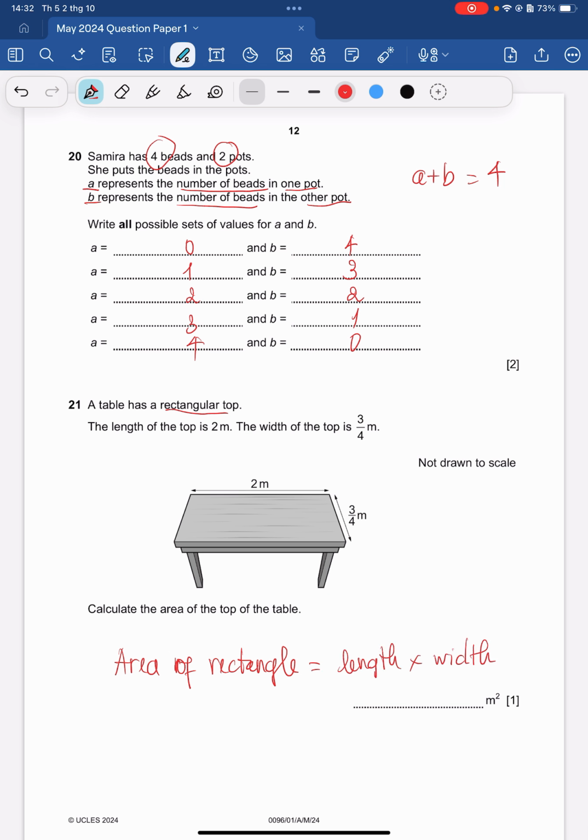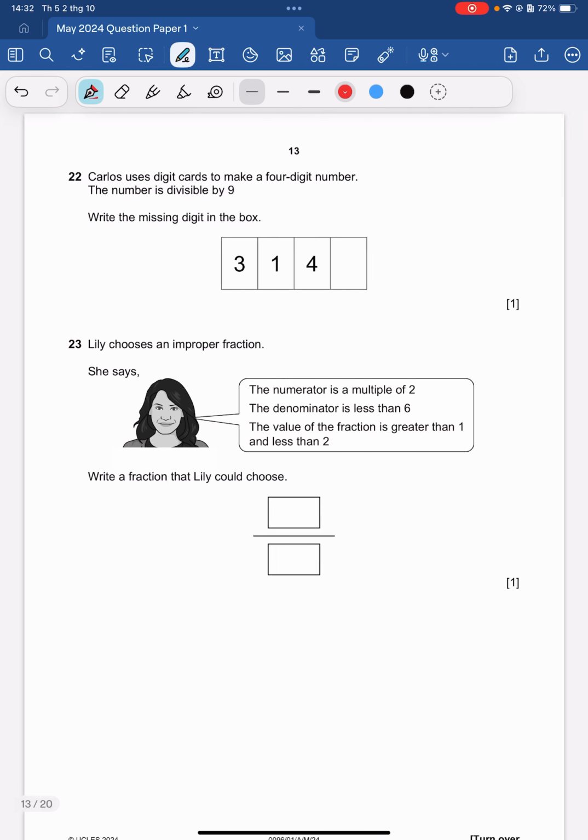Now we replace: length is 2 and width is 3/4. That will be 2 times 3 is 6/4. And let's simplify: 3/2, right? That's okay, you can leave 6/4 because the question is not asking you to simplify.